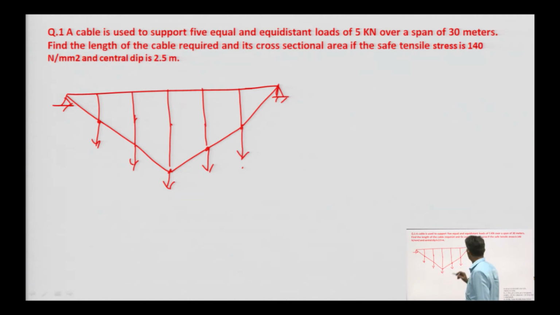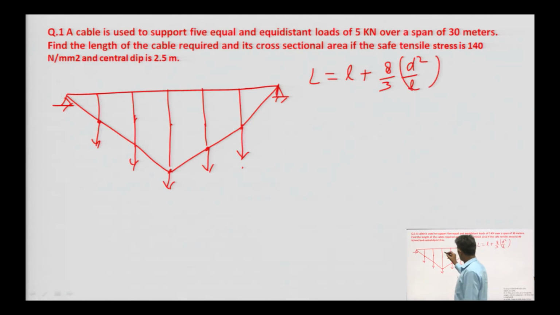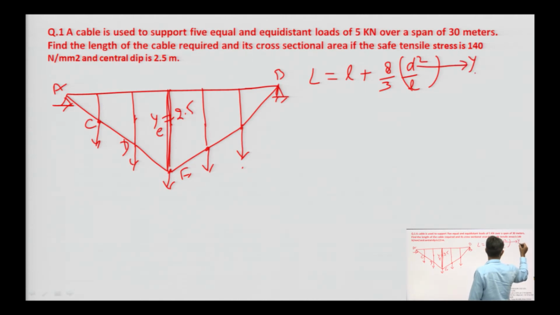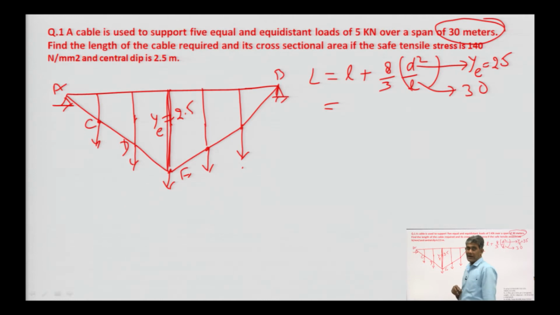The length can also be calculated with the help of a formula: the length of cable is L plus 8 by 3 d square by L. Taking d as YD, YE as 2.5 meter, and L as 30 meter, this value can also be calculated, and it is 30.56 meter.